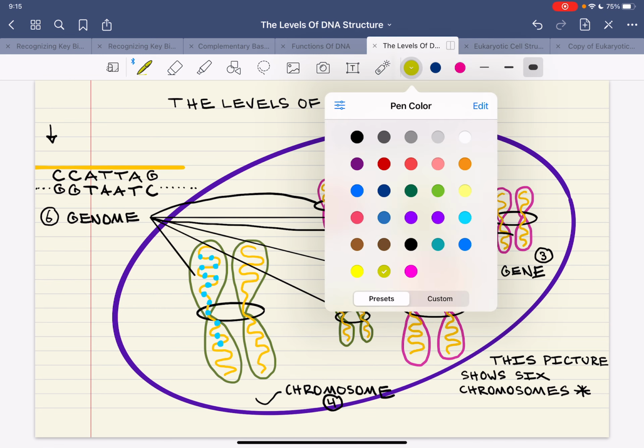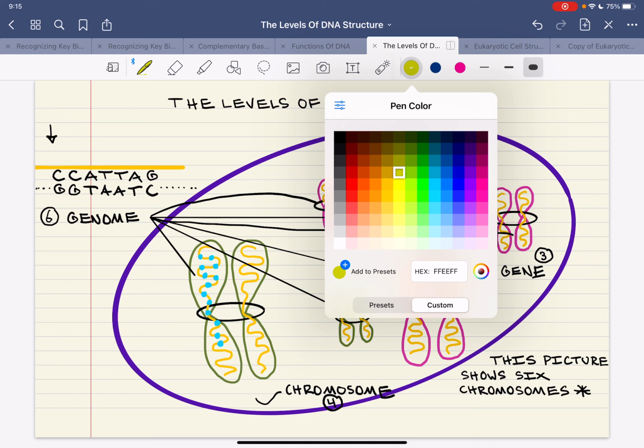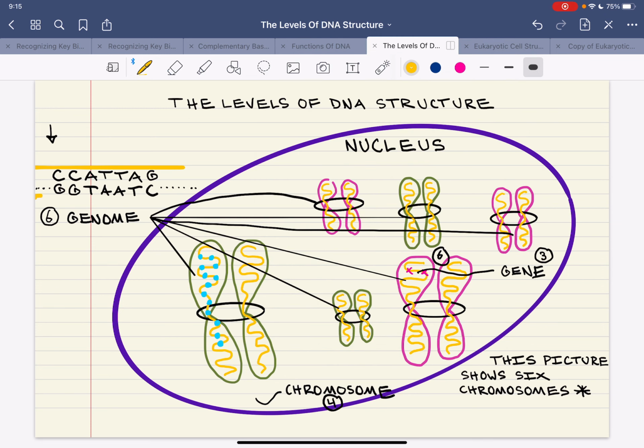Maybe it's not yellow. Does it really matter? Looks more like that. That represents our gene. All right. It's a certain stretch of DNA along a chromosome that codes for building a polypeptide.